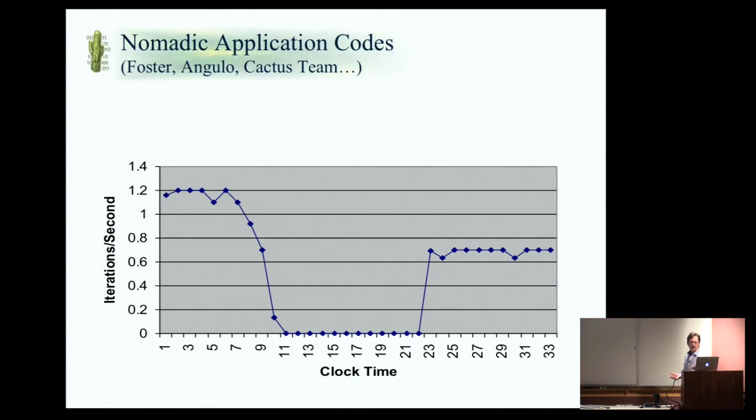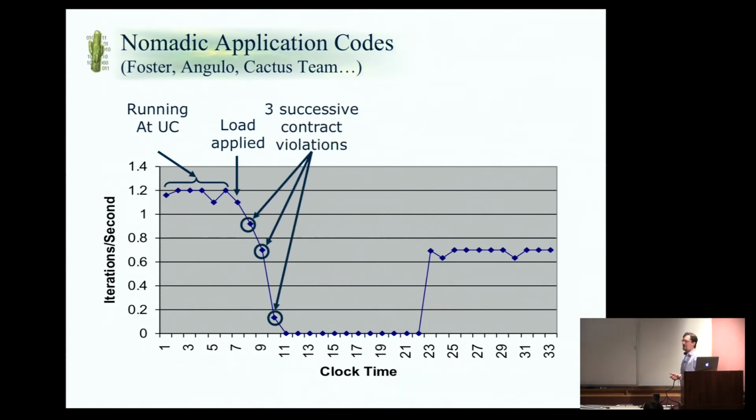So we hijacked this to enable a code to be running on a supercomputer at University of California, and that computer, though, was a shared resource. I think this might have been the Millennium Cluster. And so a load is applied, and it starts failing. It starts really slowing down because it's competing against some other job in the machine.